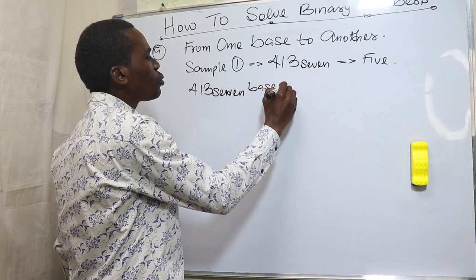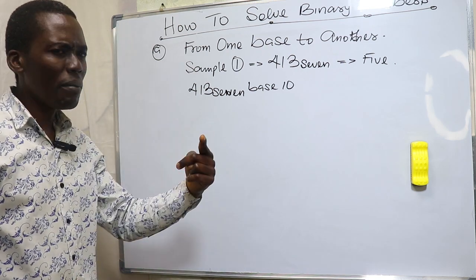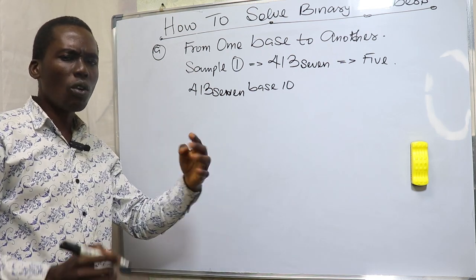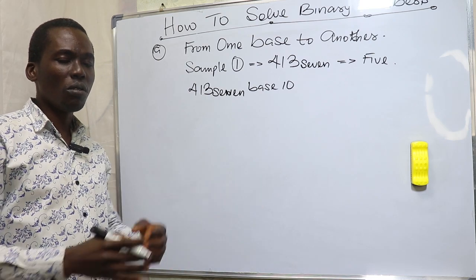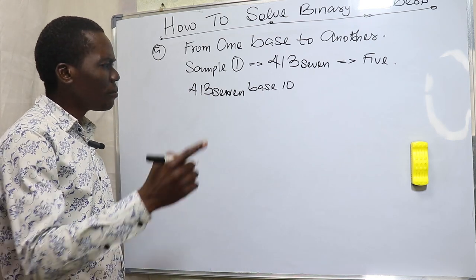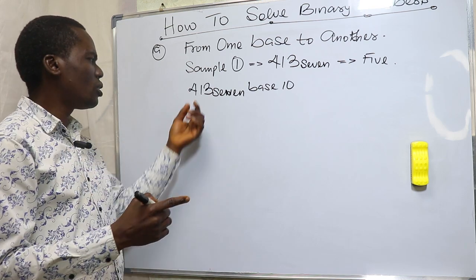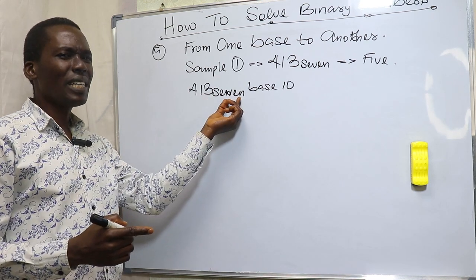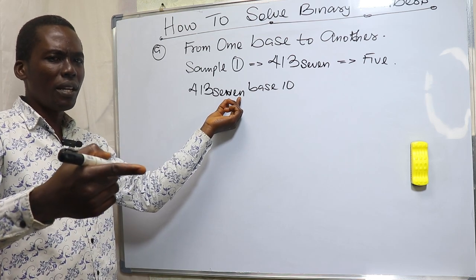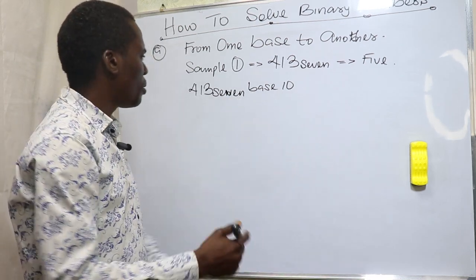Now, if we want to change this to base 10, we have two methods. One method is called the power expansion method. Let me show you how to use it. We put all these numbers with 7, and that 7 will be at their various place values, that is their position in the number.